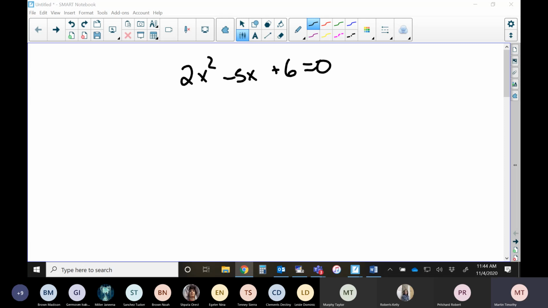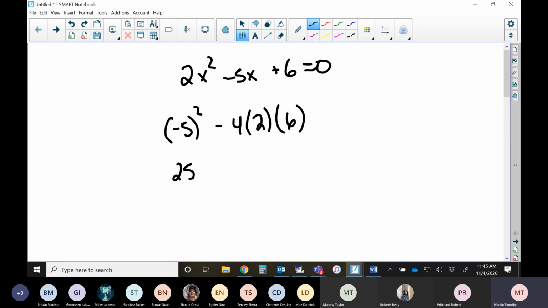All right, so all you should have done for this is you should have done b squared, which would be -4 squared minus 4 times 2 times 6, 25 minus that's 8. 8 times 6 is 48. Do I actually care what this number is?